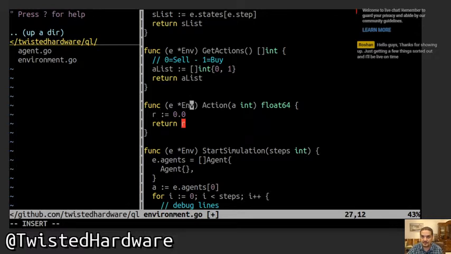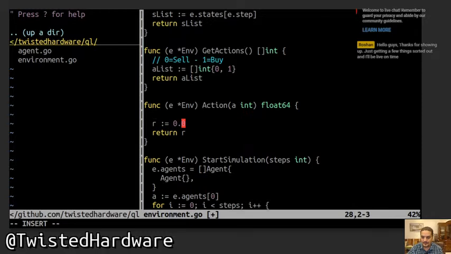I'm assuming the reward is 0 for now. Okay, so the reward of today is how much did my value change from today to the previous day after we do the action.